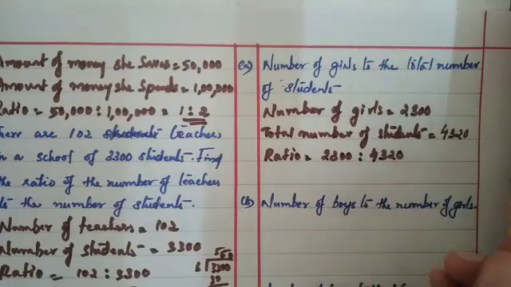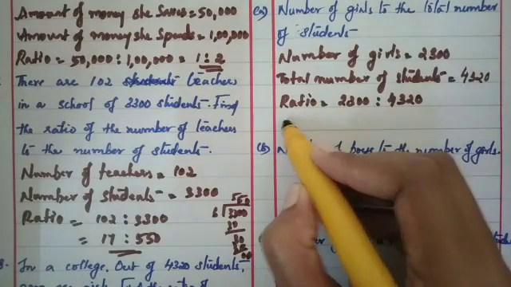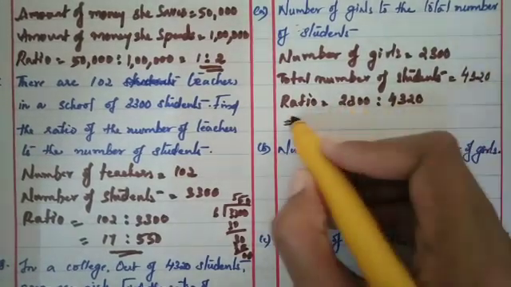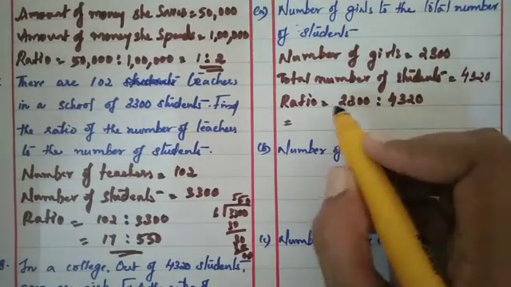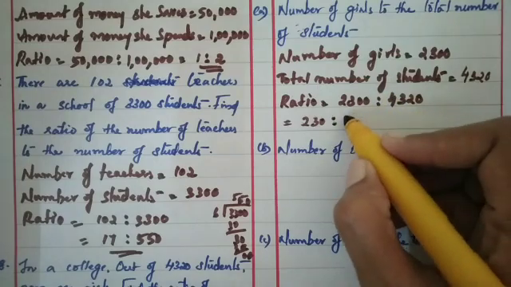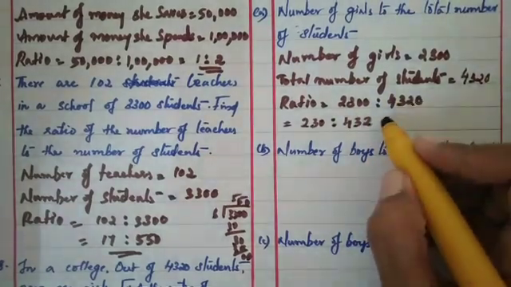4,320. Here you have to change it into its lowest term. Here 10 is the common factor. So 10 is cancelled. 230 is to 432. Okay, here both are even numbers.